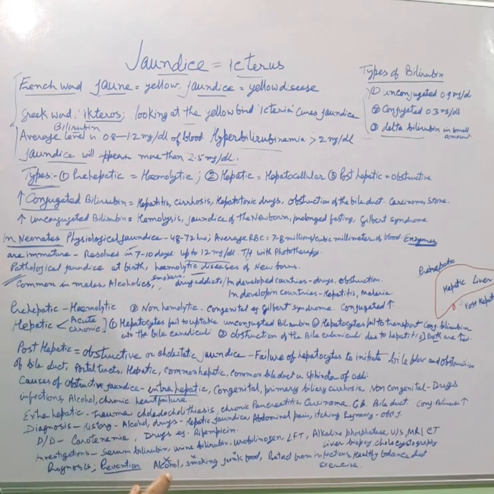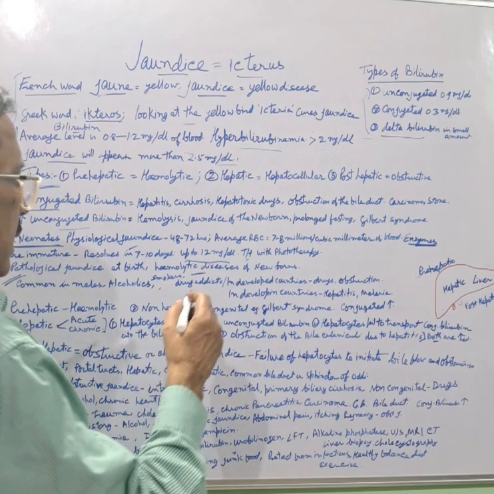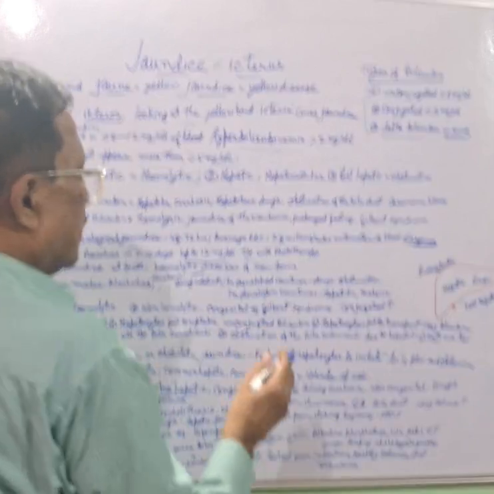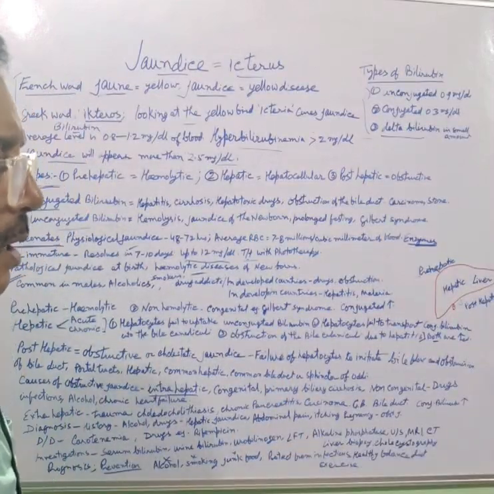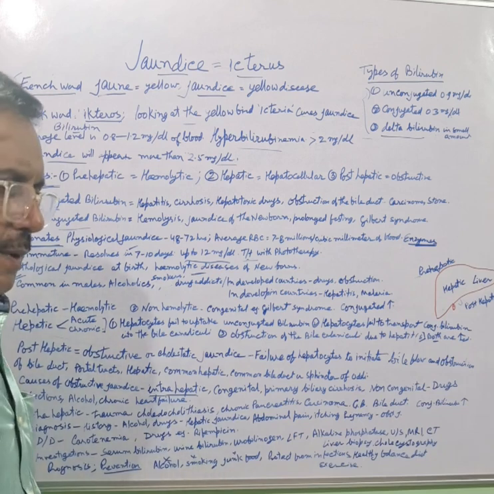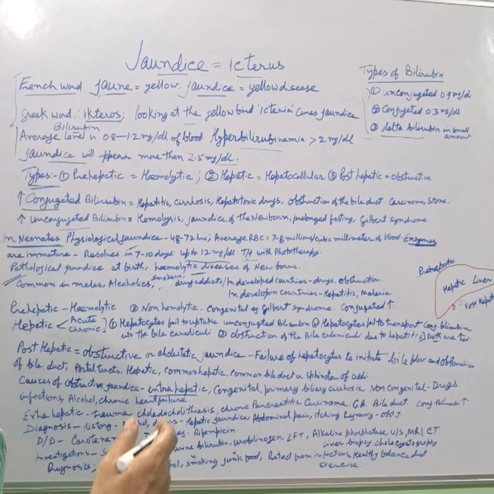It will resolve in 7 to 10 days when enzymes become mature, and usually it resolves in 7 to 8 days, but treatment with phototherapy or sunlight may help in rapid removal of this bilirubin.